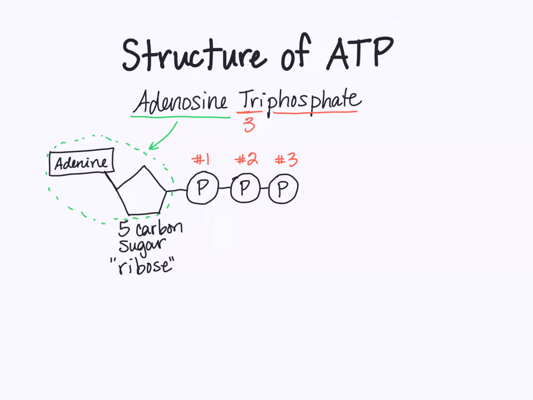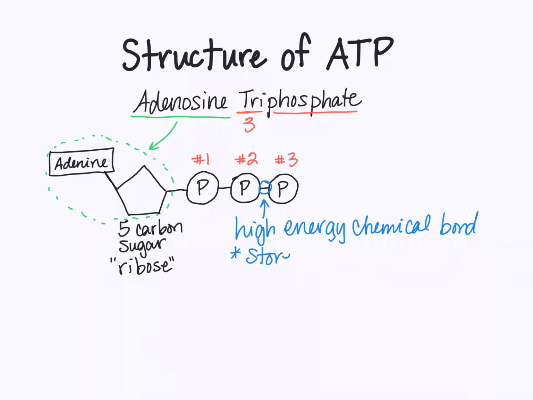Now, I want to draw your attention to this bond right here between the 2nd and 3rd phosphates, because this chemical bond is what we call a high energy bond. And what we mean by this is that there is stored energy in this bond.